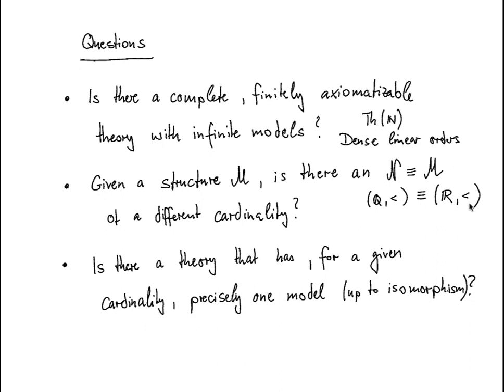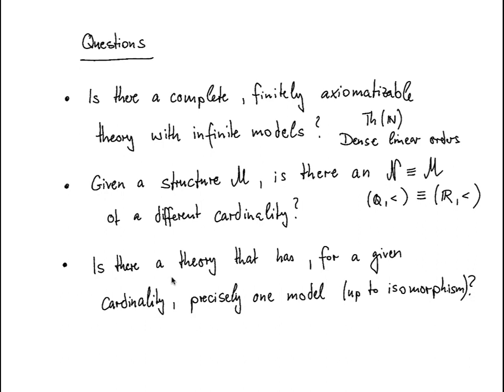Now we can ask this general question: given a structure M, is there an N of a different cardinality, or of any given cardinality, that is elementary equivalent to that given structure M? And this will indeed be the case, and this will be the subject of the next lecture.